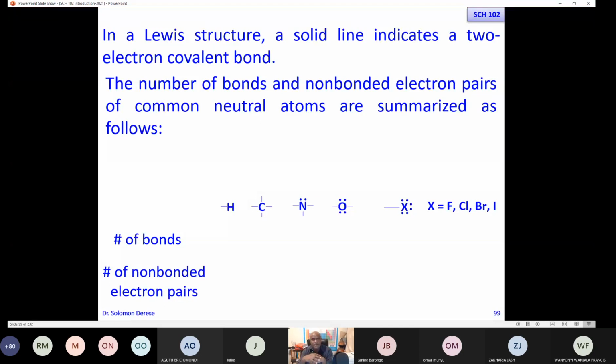Oxygen is divalent. Then if you look at the halogens, fluorine, chlorine, bromine, and iodine, these have 7 electrons in their valence shell. To have an octet of electrons, they need 1 additional electron. That's why the halogens form 1 bond, just like hydrogen.